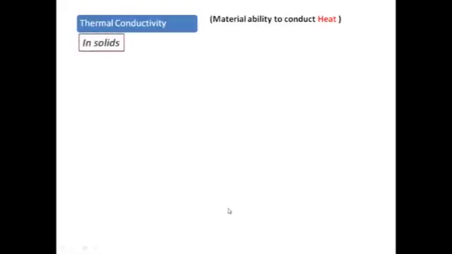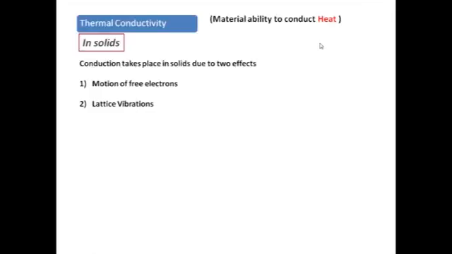What is this thermal conductivity? We have seen that it is a material's ability to conduct heat. In the equation Q equal to minus kA dT by dx, the k is the thermal conductivity of the material through which you want to determine the rate of heat transfer, or the gas or the liquid thermal conductivity.